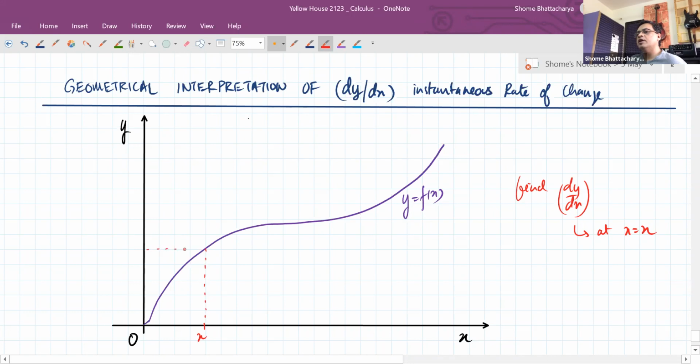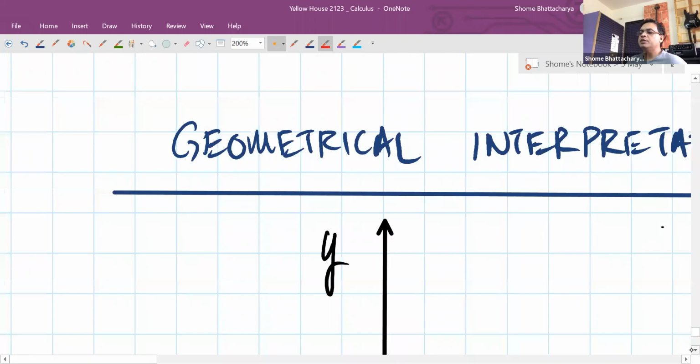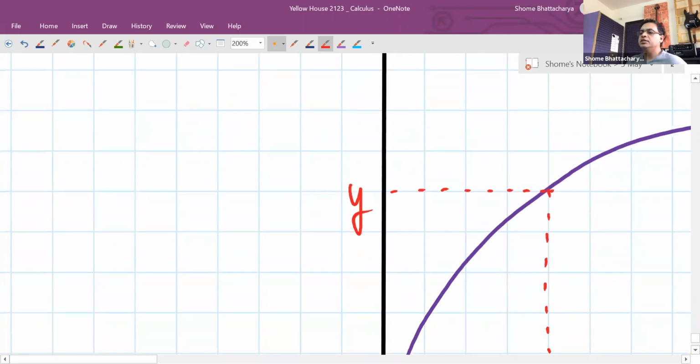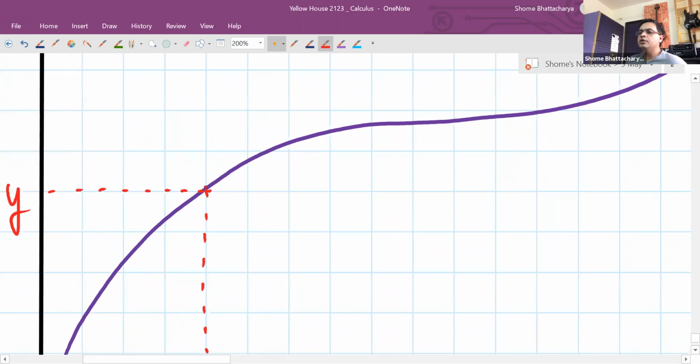It has a y coordinate and an x coordinate such that the two satisfy this relation that y is equal to fx. Now I want to find the instantaneous rate of change. So for that, I'll have to zoom into this as much as possible, because I'm talking about a very small change in x. Okay. So this is the point where x is equal to x, this particular point over here.